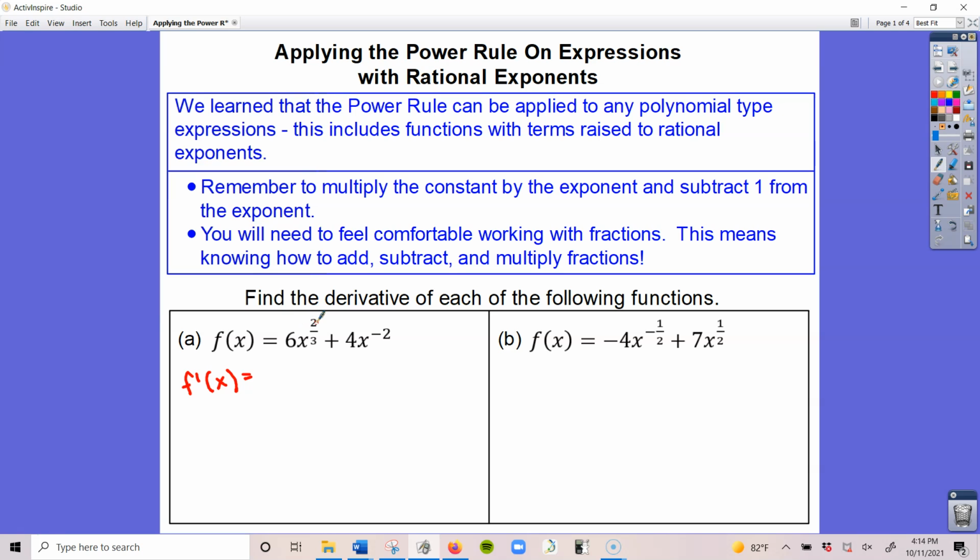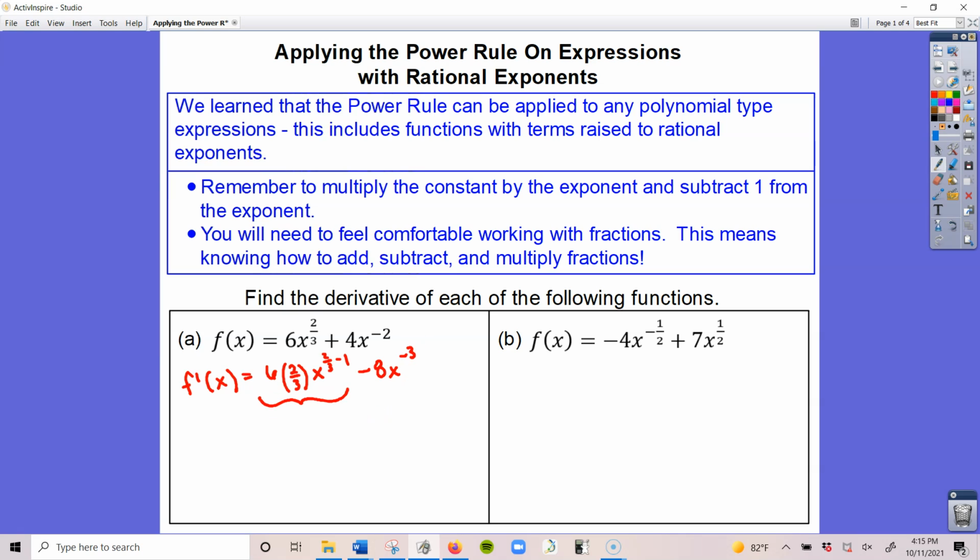So 6 times 2/3, and we'll come back to this in a minute, and then it would be x to the 2/3, and remember we subtract 1. Then for the second part, this is what we've already learned. 4 times negative 2 is negative 8, x, and then subtract 1 from the exponent, which is negative 3.